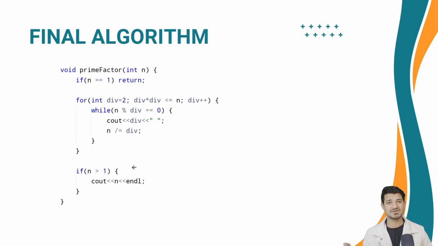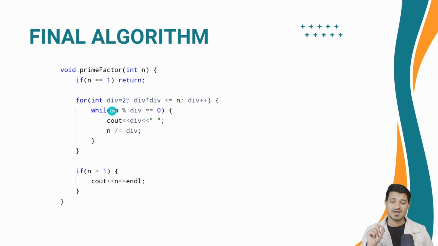Because if it were a composite number, it would have more than one prime, and we have already proven that above square root of n there can be only one prime factor. So it cannot be a composite number, it has to be a prime number. So if n is greater than 1, it is a prime number and it is part of the prime factorization, and hence you will print it.